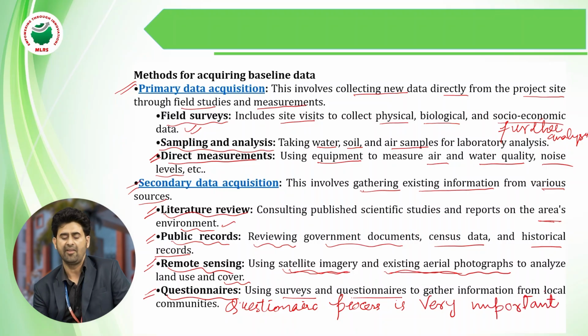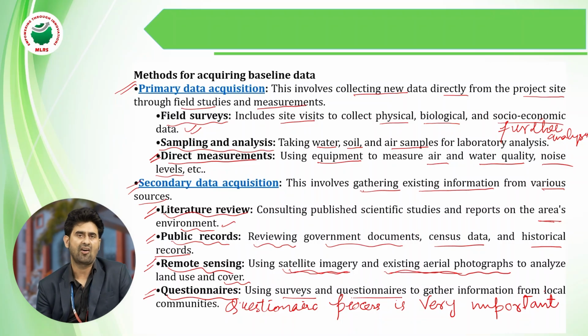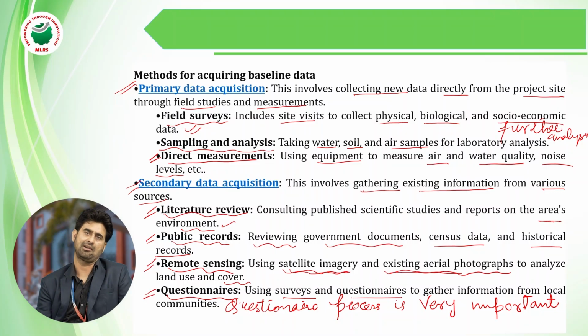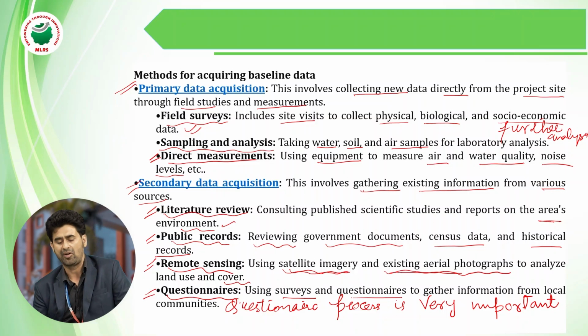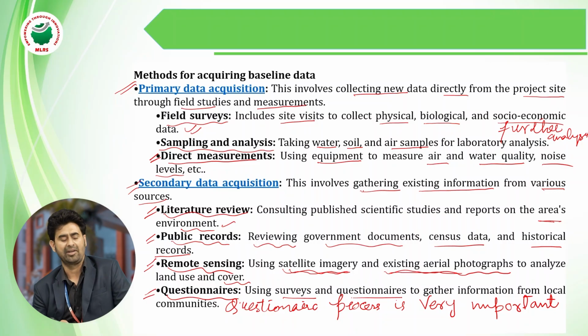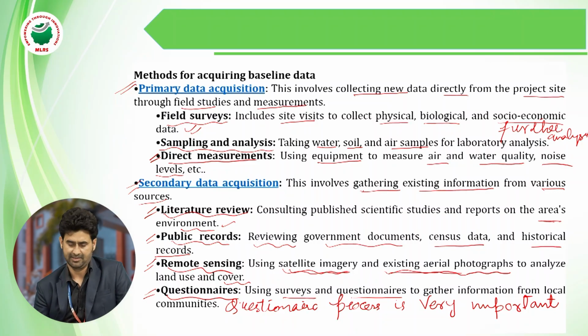Questionnaire process is very important for the acquisition of the baseline data, where we can interact with the people, where we can interact with the public, where we can make it possible that the public should take active participation in the acquisition of the baseline data. That will be very important for the process of environmental impact assessment.